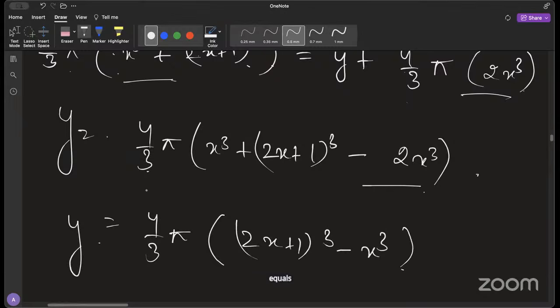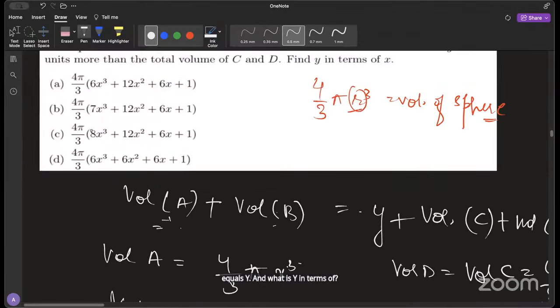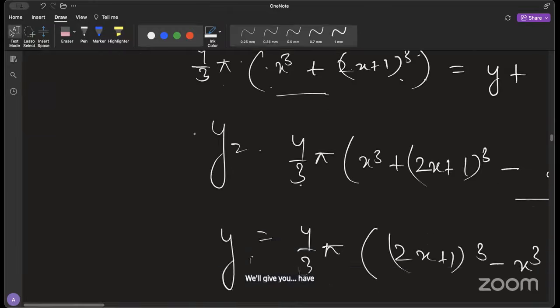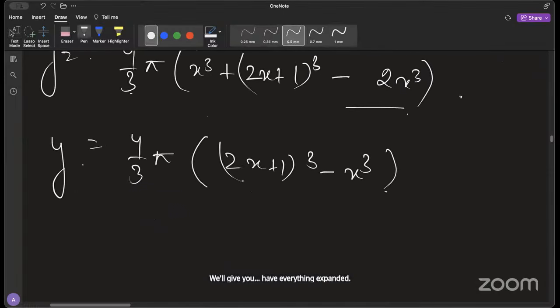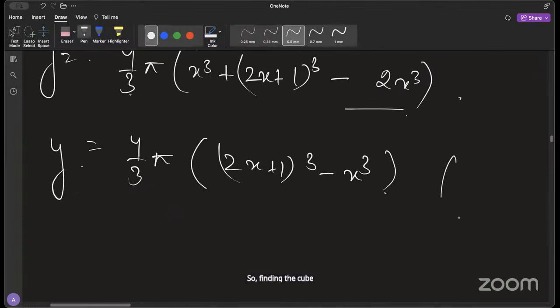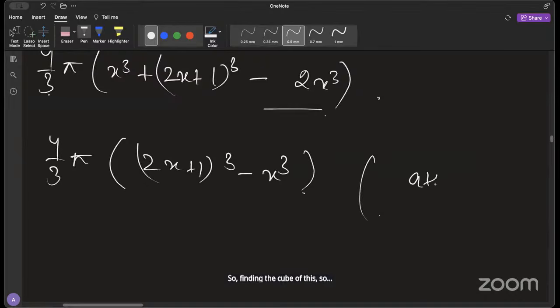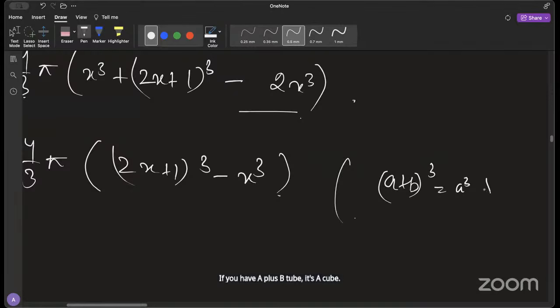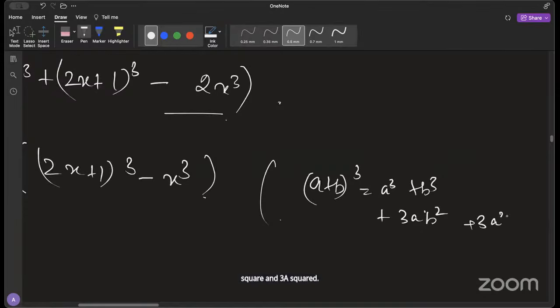equals y. And what is y in terms of? Okay, we have everything expanded. Right. So finding the cube of this, the cube formula is this actually. If you have (a plus b) cube, it's a cube plus b cube plus 3ab square and 3a square b.